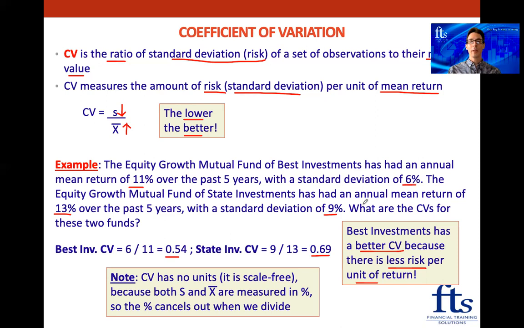If we wanted to, we could put a percentage sign there and a percentage sign there, and once we divide, the two would cancel each other out. That's why we end up with a number here that has no units. Great. So that's the end of that class, and we'll see you guys in the next one.